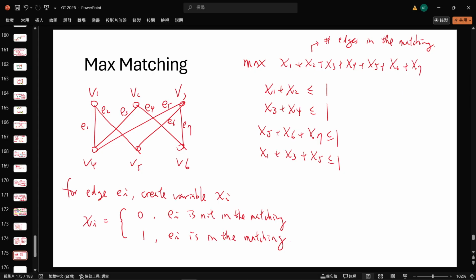And for V5, it's x2 plus x6 is at most 1. And finally, E4 and E7, so x4 plus x7 is at most 1.